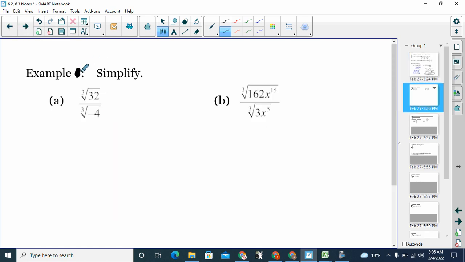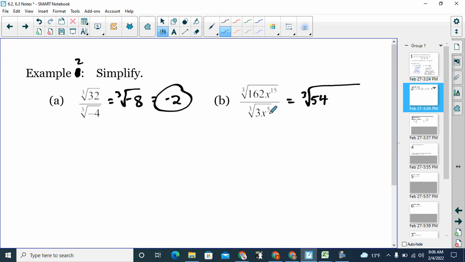Example 2, very similar, but now we're dividing. The cube root of 32 divided by the cube root of negative 4. I can just do 32 divided by negative 4 is negative 8, and then take the cube root, which is negative 2. Same thing on B, divide first and then simplify. 162 divided by 3 is 54.